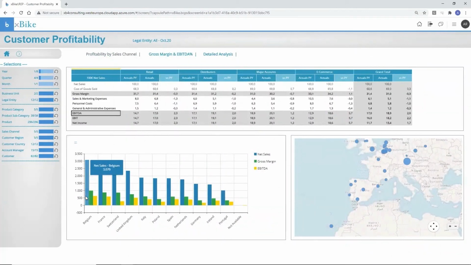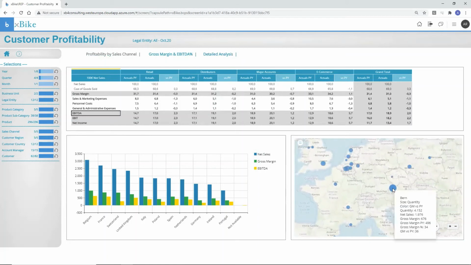I can see the distribution by country and even an interactive map like this, where I can see the individual cities where my customers are located, and the size of the bullets are the quantities, whereas the color is the gross margin that I'm able to generate versus the previous year.